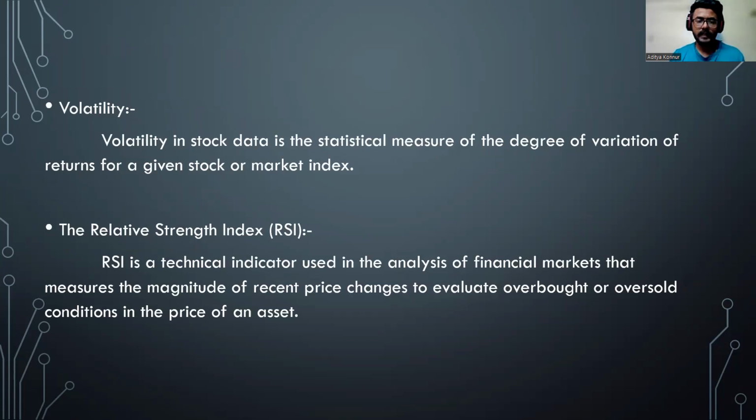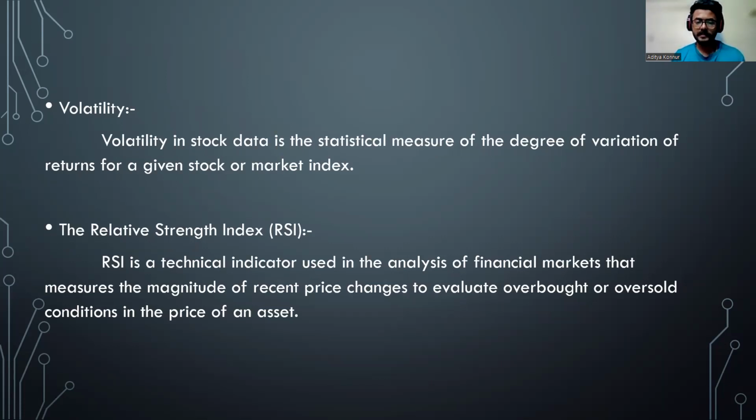Then we calculate volatility, and volatility is the statistical measure of the degree of variation of returns for the given stock data. The relative strength index, that is RSI, is a technical indicator used in analysis of financial markets.